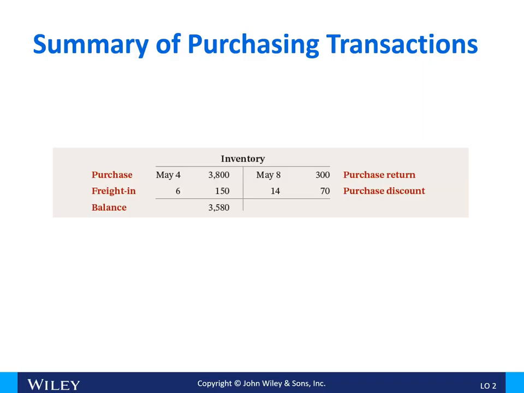And then on May 14th, we took the purchase discount, so we reduced our inventory again by $70 with the credit. So our balance is $3,580. The cost of that inventory is $3,580 after we made all of our transactions. We added the cost of the freight, we reduced the inventory value by the purchase discount, and when we had the return, we took that out of our inventory as well.